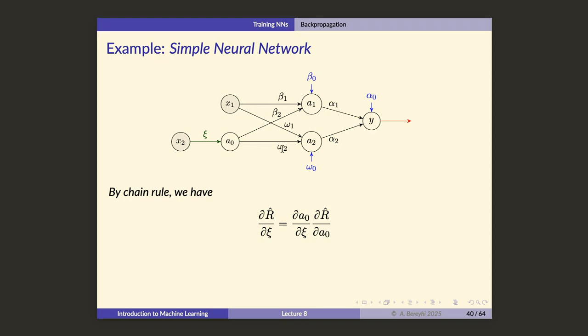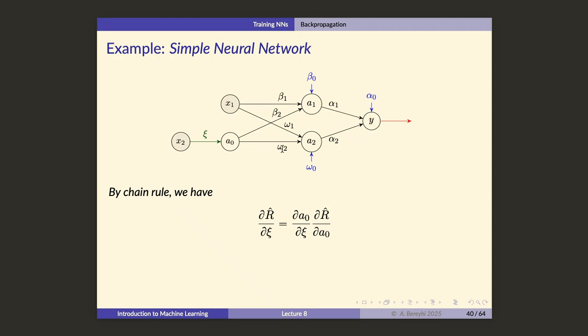So that weight z is connected to a0 immediately, right? So I can write it down as the derivative of r hat with respect to a0. So r hat is the loss, which is very far out. R hat with respect to a0, the immediate neuron that I'm connected to, and then the derivative of a0 with respect to that weight, right?